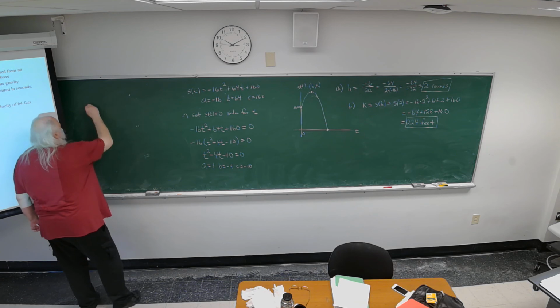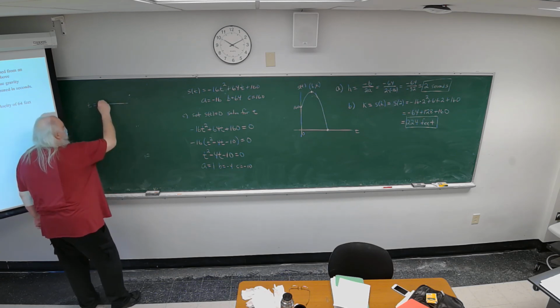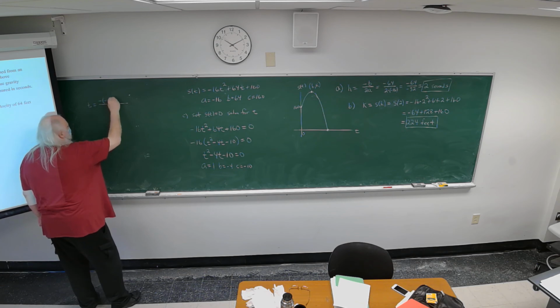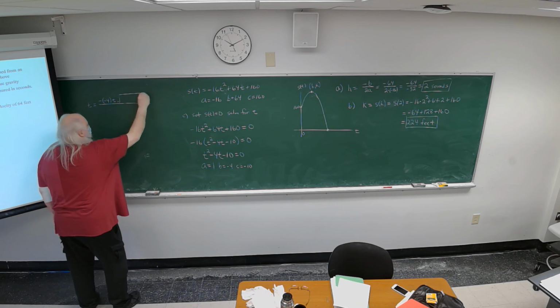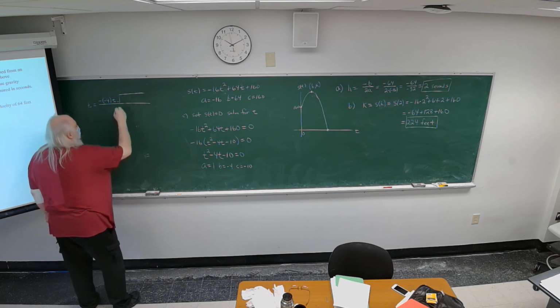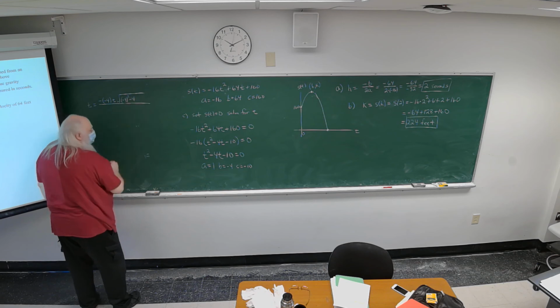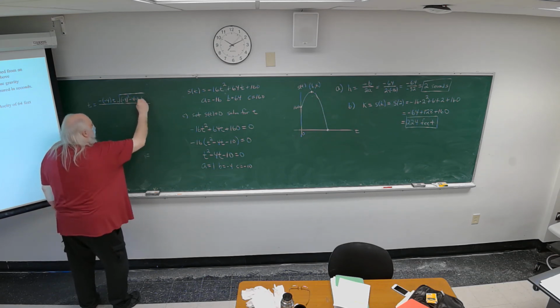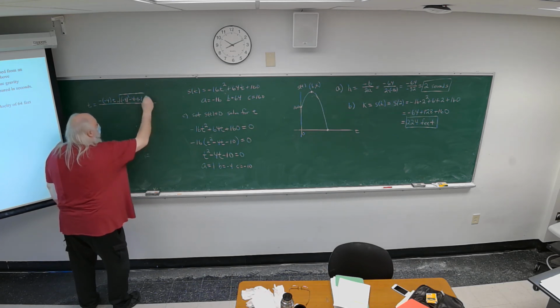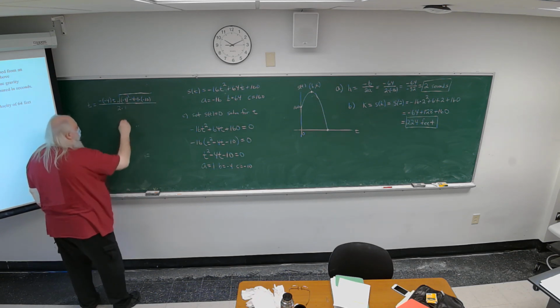And so t is equal to negative B, which is negative of negative 4, plus or minus the square root of B squared, which is minus 4 squared, minus 4 times A times C, over 2 times A, which is 2 times 1.